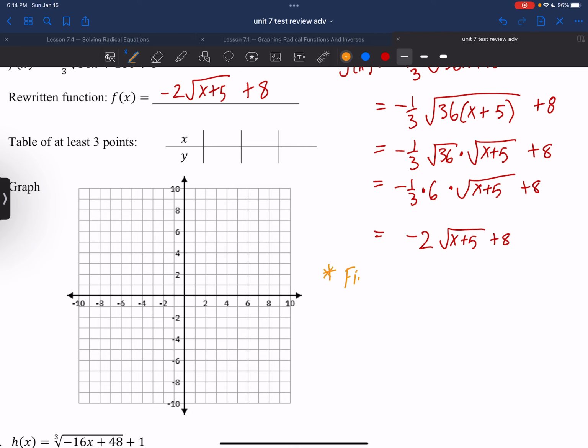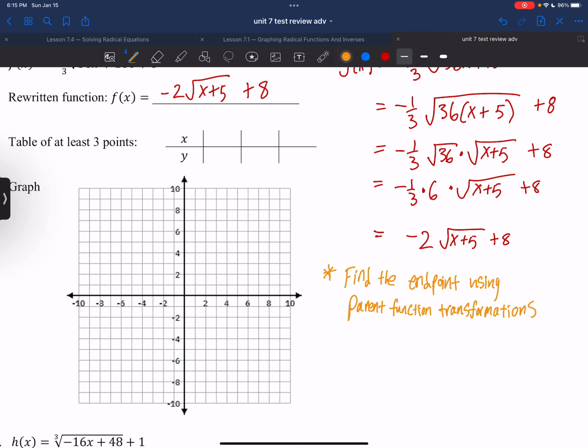Let's find the endpoint of our square root function using parent function transformations. I'm writing that down so it's in the notes.